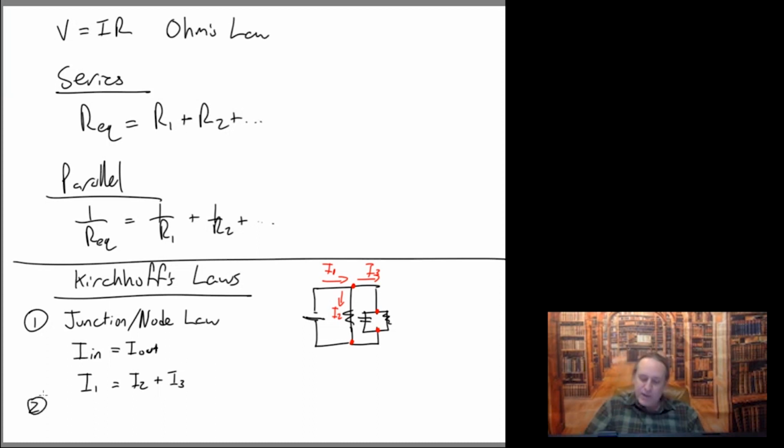Then we have the loop law. And this one also is pretty straightforward. It says if we have any closed loop in a circuit, as we move around that closed loop from one point and return to our starting point, we must have returned to the same potential we were at.